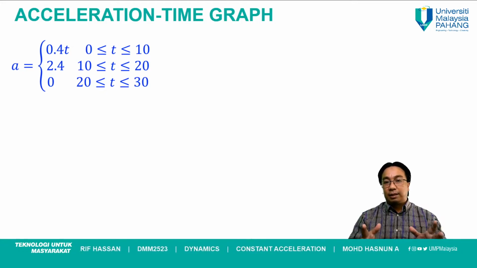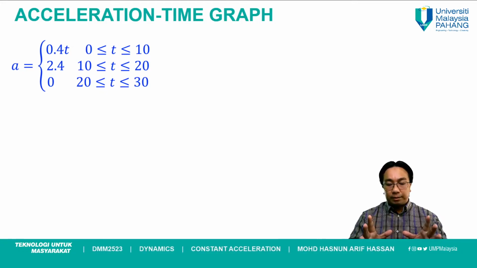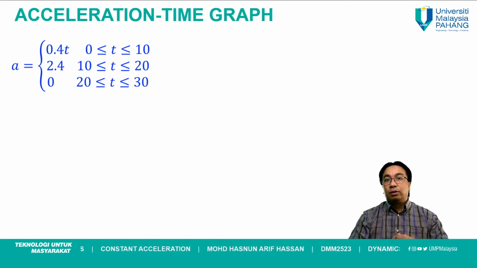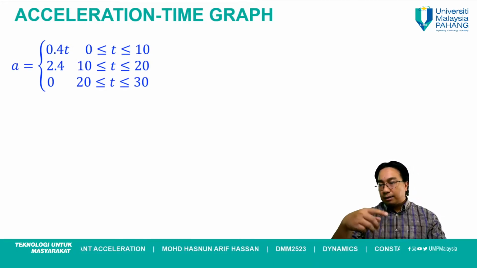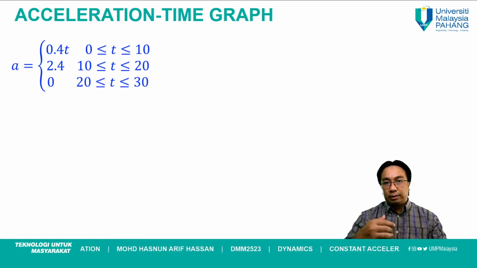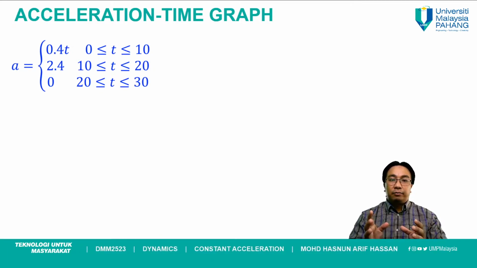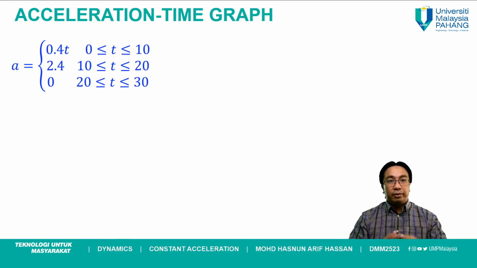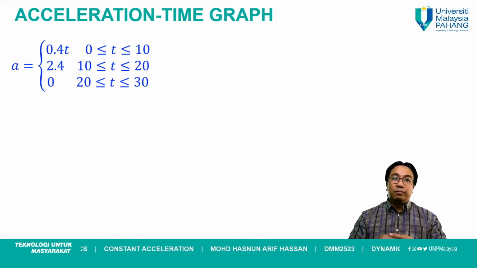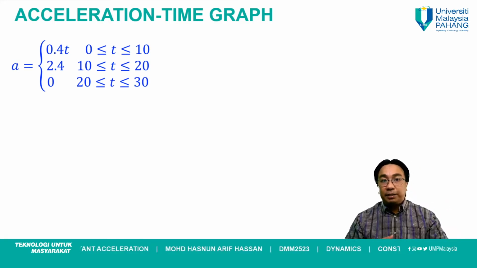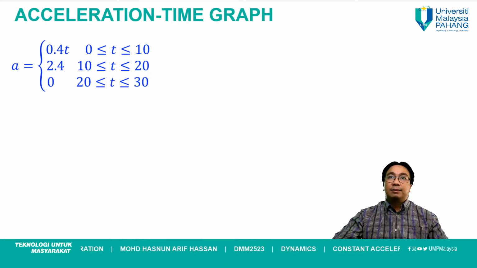So these are 3 parameters ataupun characteristic of the motion. Dan satu lagi example saya akan tunjuk in this class will be to draw the acceleration versus displacement graph, A lawan S, dan juga velocity lawan displacement ataupun Vs graph.